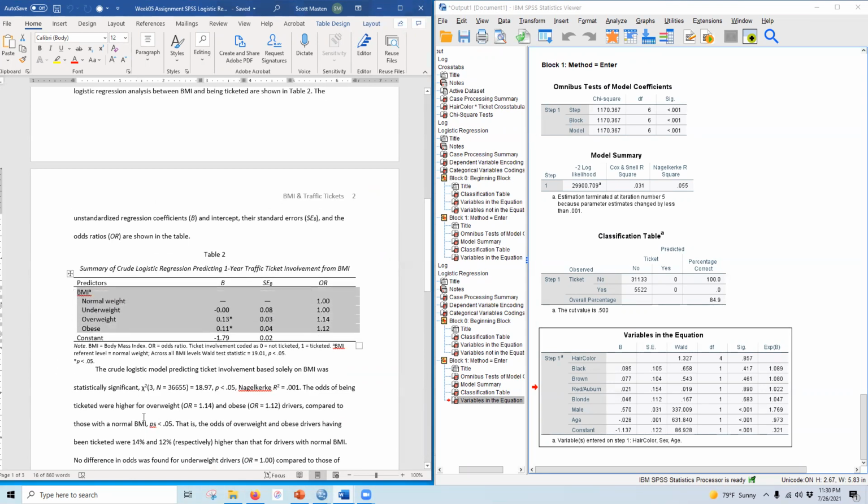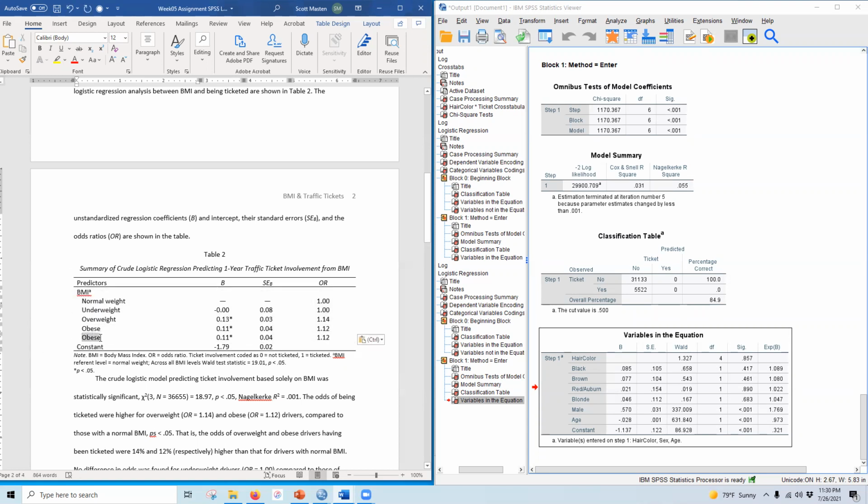This is your crude analysis. So this would be your hair colors. This would say hair color, and this would be gray, white, bald, black, brown, red, auburn, and you have to add another row for blonde. So you can copy, paste to get another row in here, and then you could add your blonde.